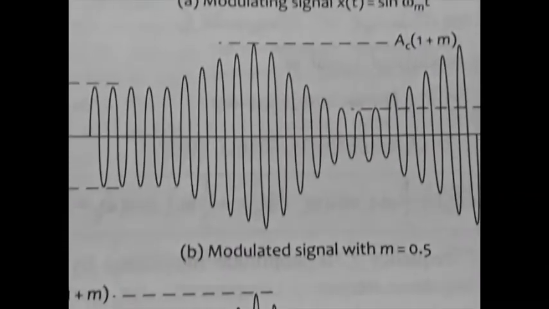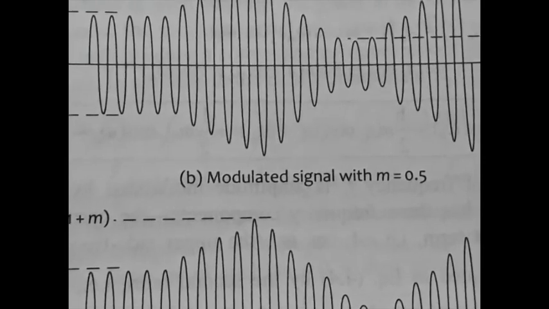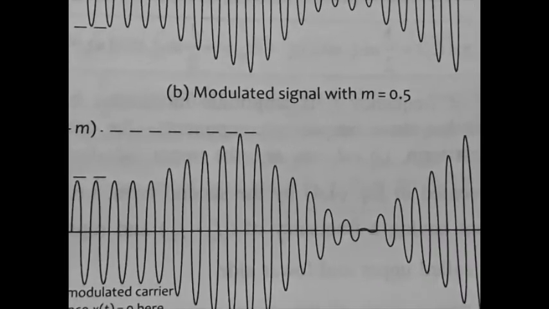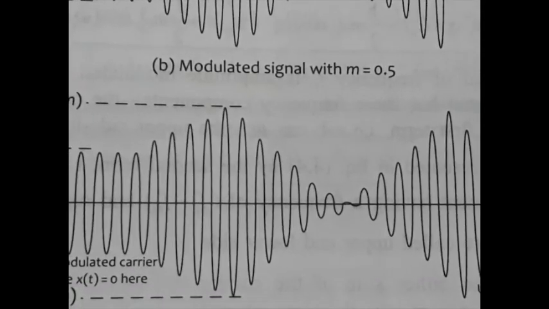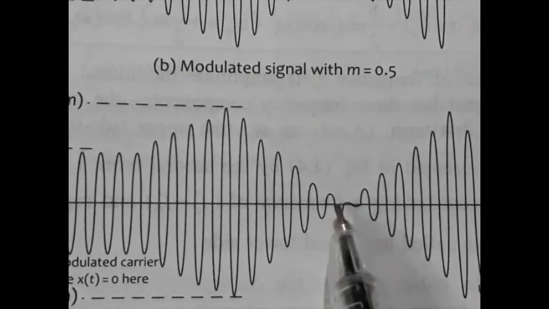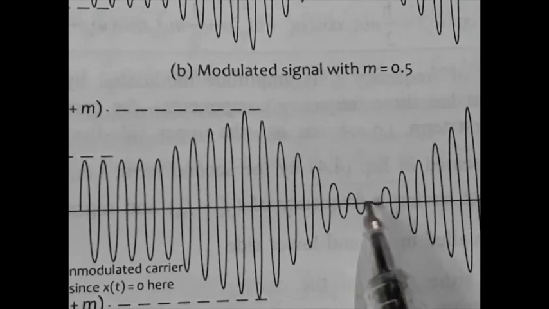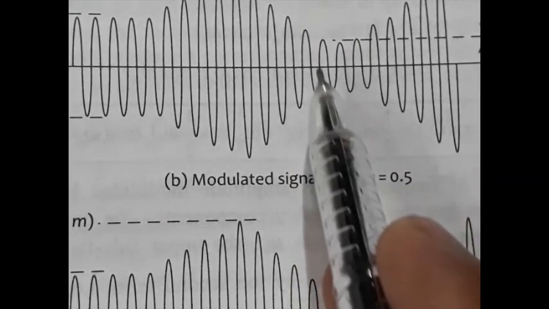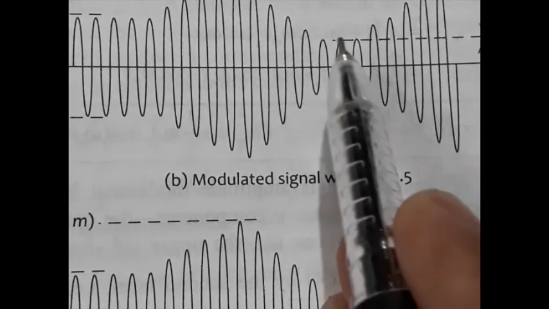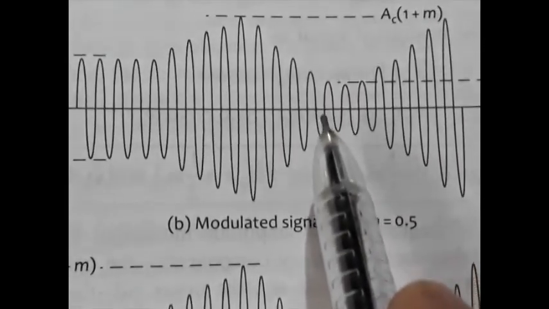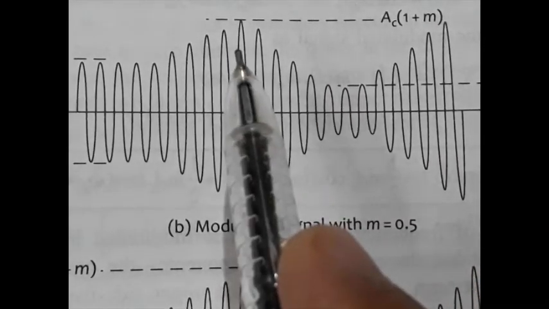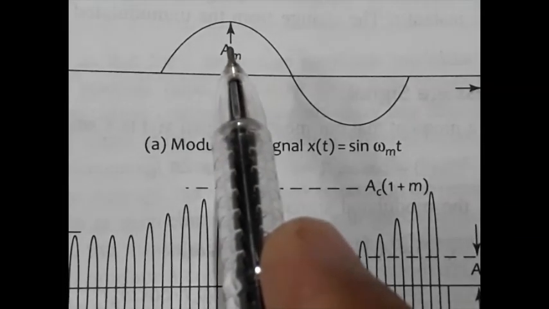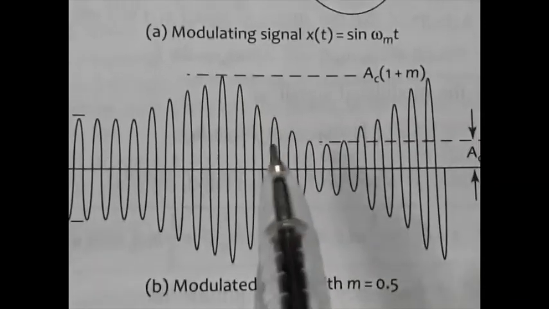Now, if the modulation index becomes 1, under this situation, this narrow portion, if we increase the modulation index by increasing this Am, that is x(t) max, then what will happen?